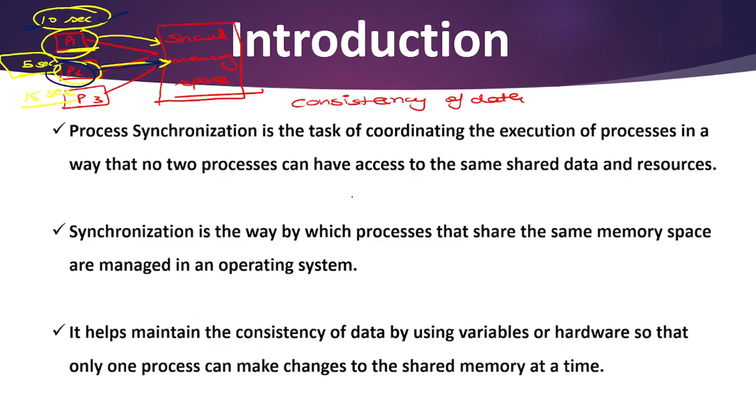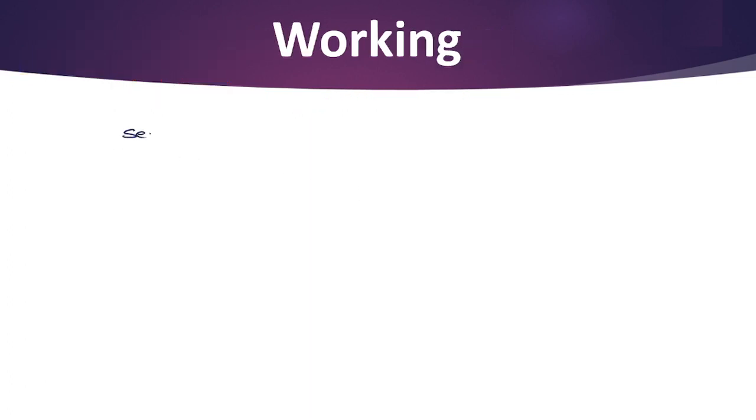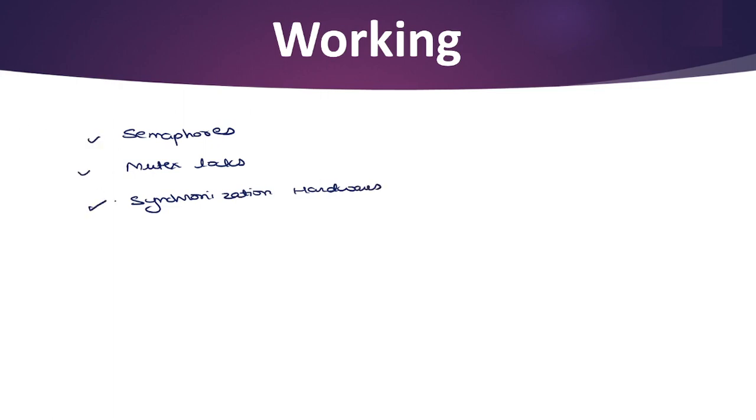To resolve this problem, we can use some protocols, various methods that include semaphores. We can also use mutex locks. Other than this, you can use synchronization hardware. So all these methods help us to solve such problems.